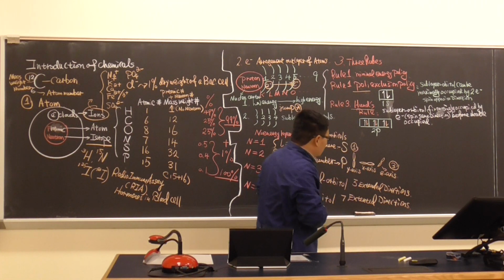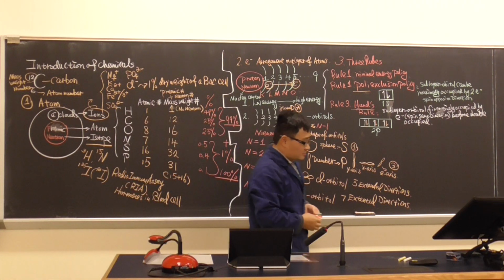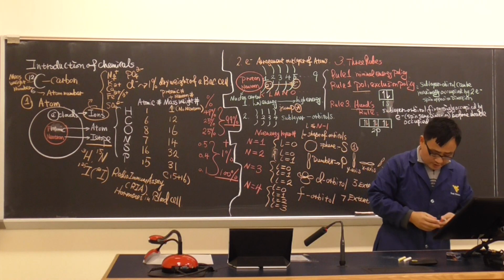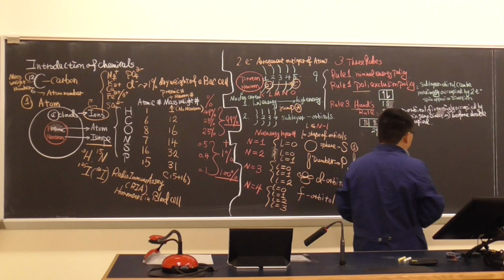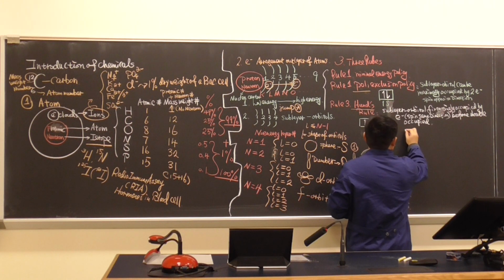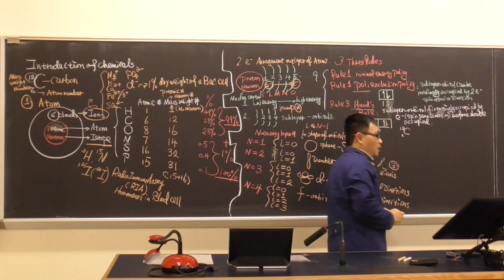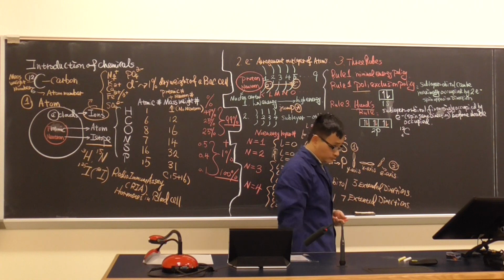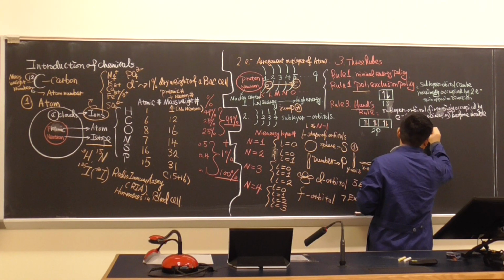Okay? Now, I'm talking about so many, it seems very confusing. Let's give some example, okay? How about carbon? What's going to be the carbon electron arrangement? So we're going to draw the box first, okay?